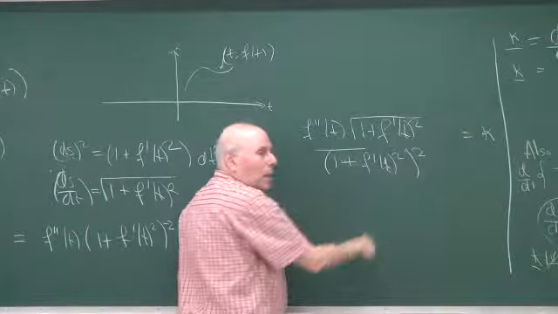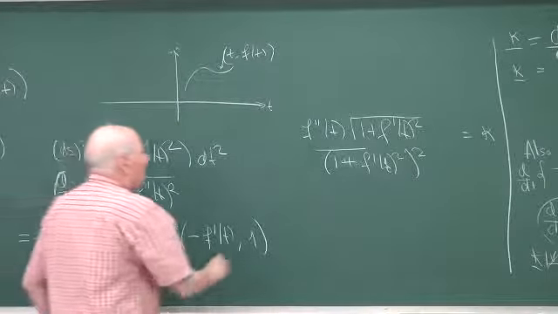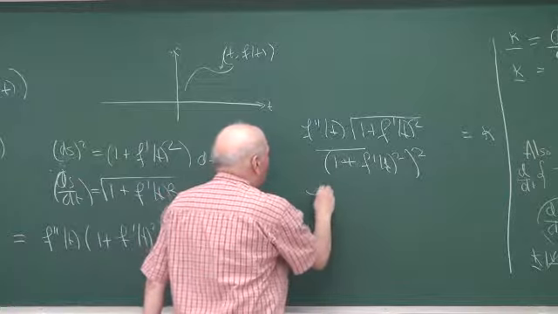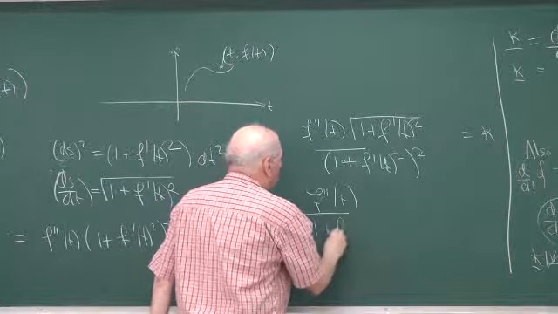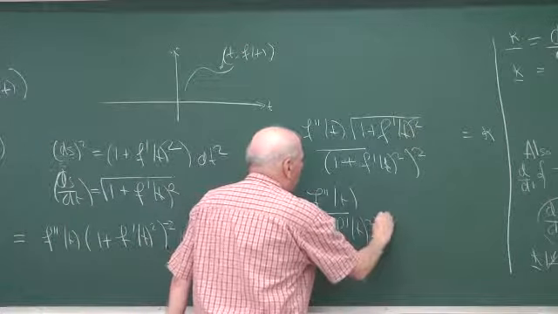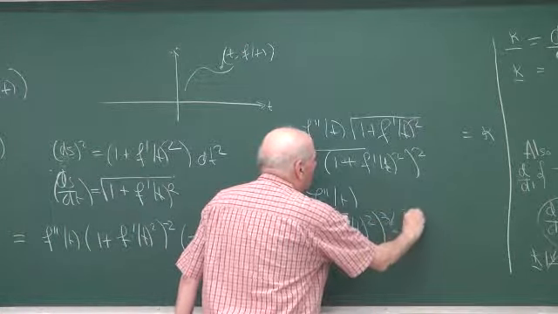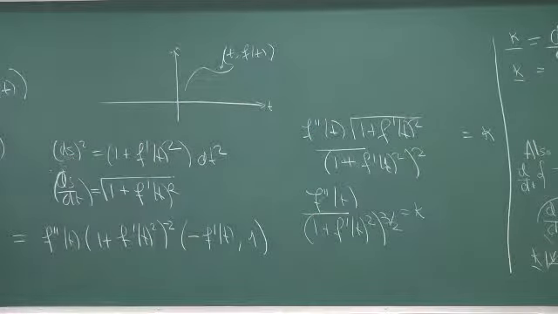But you do a cancellation. So it's f double prime in the numerator, and 1 plus f prime squared to the 3/2 in the denominator.